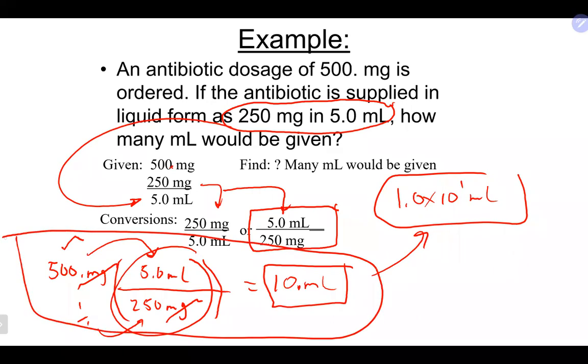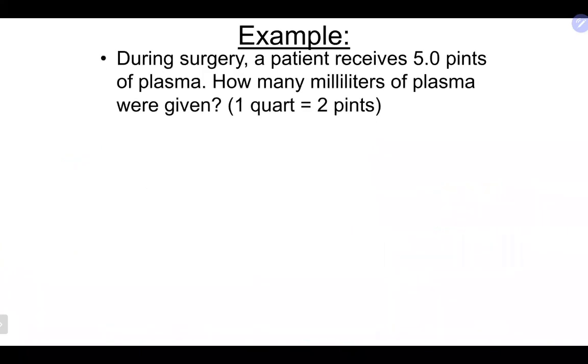If it helps you to do find and what was given and all the conversion factors, you could do so, but you don't necessarily have to do it for quiz or exam, but you do need to show what's in the box, basically the setup with the conversion factors being used, the units canceling out, and the final answer with the proper sig figs and units. Any questions on that? But again, if it helps you with the other, go for it.